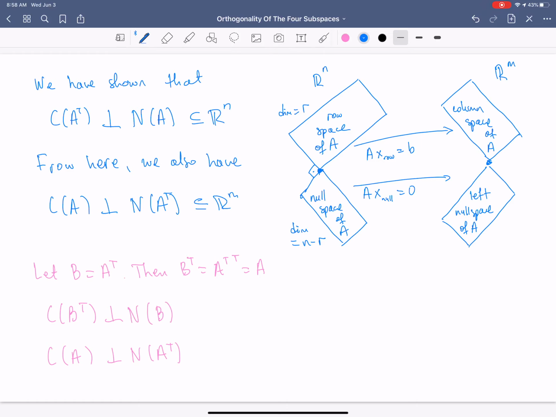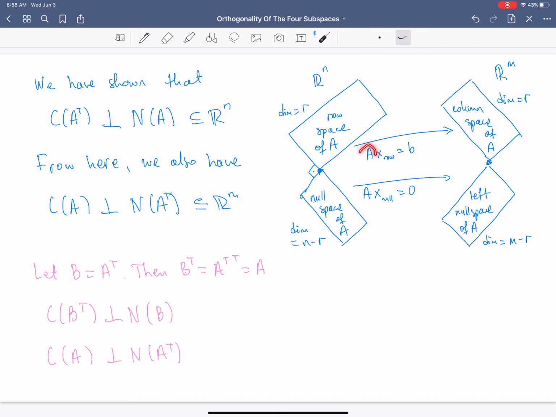The dimension of the column space is again the rank r. The dimension of the left null space is m minus r.